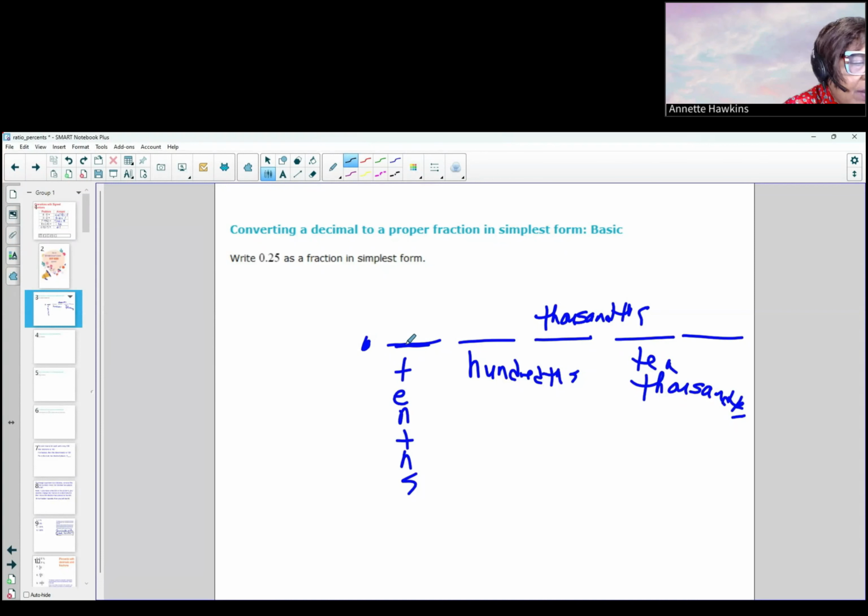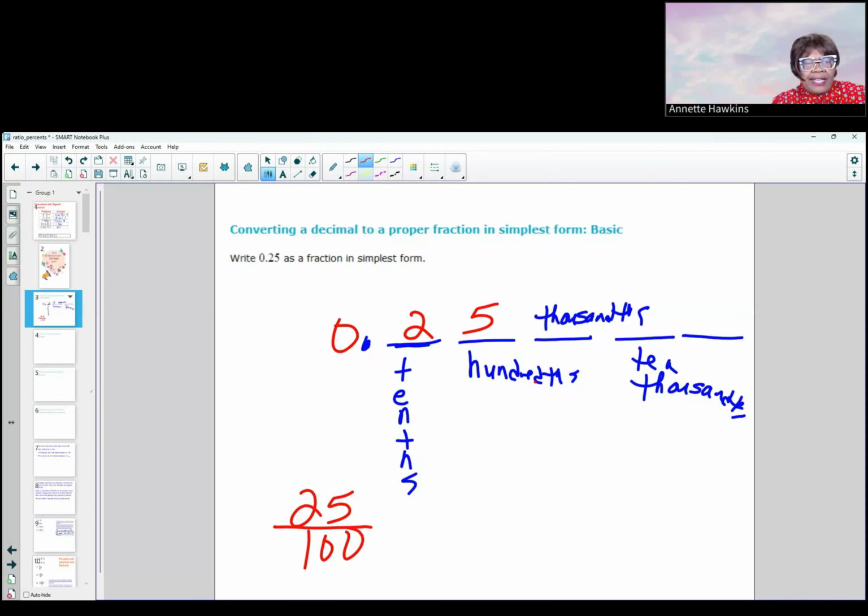So the fact that we have 0.25, this is in the hundredths place. Okay, so this is 25 hundredths. That would be the fraction, and then we need to reduce.